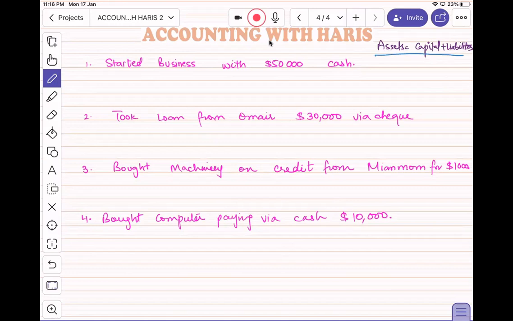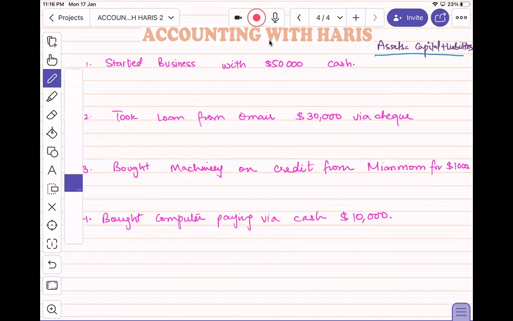There are two sides of the picture for every transaction, like it will be affecting this equation in two ways. Now how will it affect in two ways? We can discuss this through these transactions listed below.